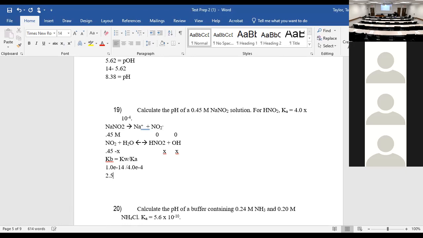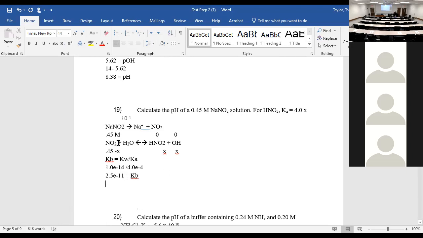So 2.5 E negative 11 is equal to Kb. And so then you plug that into your final equation. Kb is equal to X squared divided by 0.45 because, like she said, the X is going to drop out. So you don't need to use the quadratic formula. It's just going to be X squared divided by 0.45.